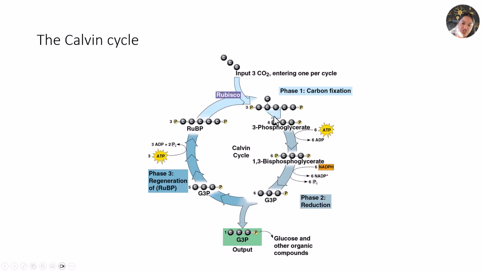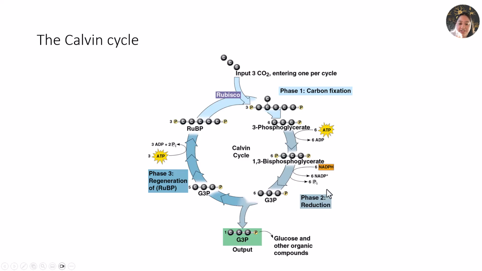Then it gets chopped in half basically, and so there's this 3 carbon molecule, 3-phosphoglycerate, and by using the energy from 6 molecules of ATP, it adds on a phosphate, and so now you have 1,3-bisphosphoglycerate.